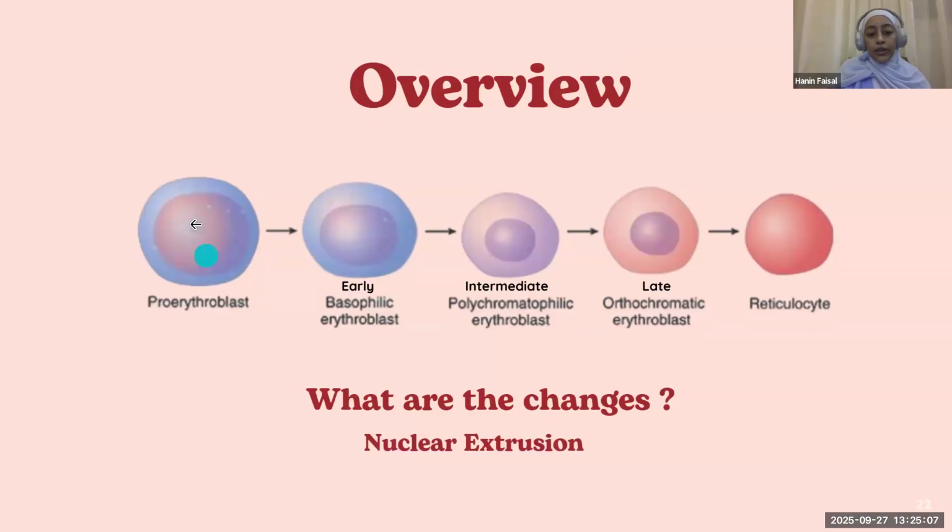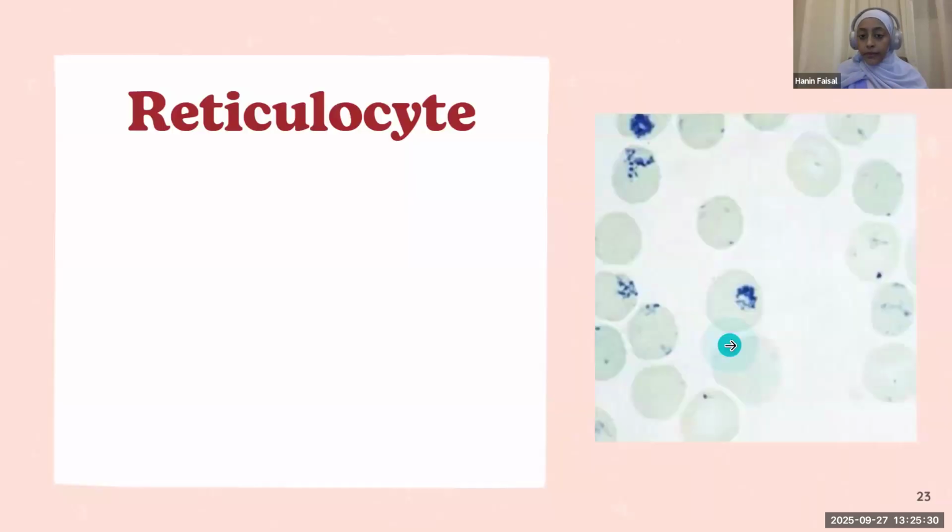You can see that the nucleus is getting removed, removed, removed. So one thing is the nucleus is gone. Another thing is it's becoming more red, meaning you're forming more hemoglobin, which gives the red blood cell its color. So from the proerythroblast to the reticulocyte, the nucleus is removed and the cell becomes more red.